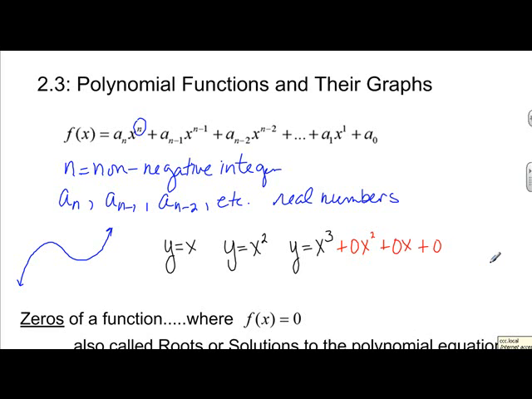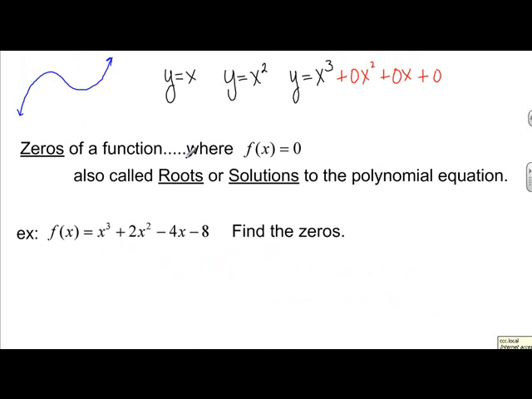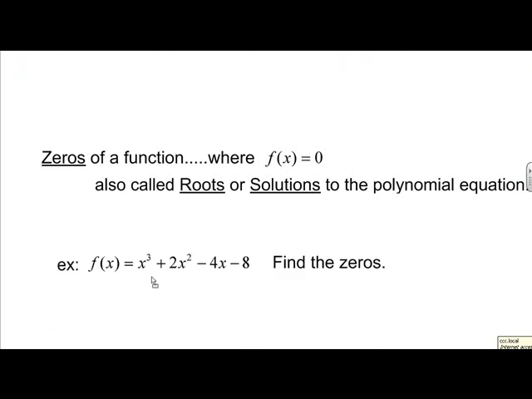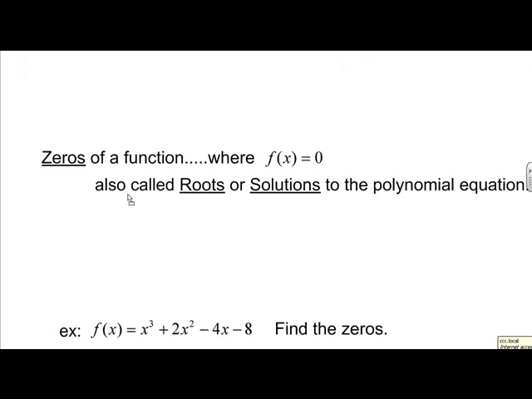You've also learned with the handout on investigating end behavior what the end behavior is for a polynomial function that just has one term. We can actually extend that, and let me make a little room here and slide this out of the way, and we'll get to zeros in just a second.